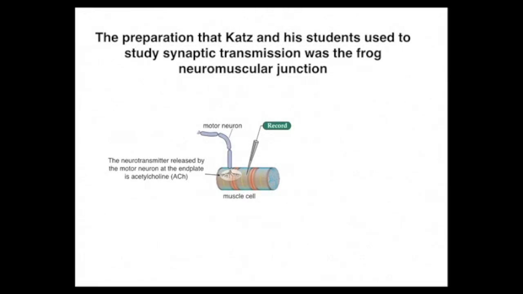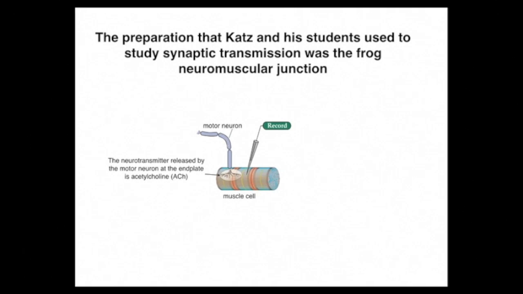The preparation Katz used in his experiments was the frog neuromuscular junction, the synapse that a motor neuron makes with a muscle fiber. The neurotransmitter released by the motor neuron at this synapse is acetylcholine, abbreviated as ACh. The specialized region of this synapse also has a special name, and it's called the endplate.